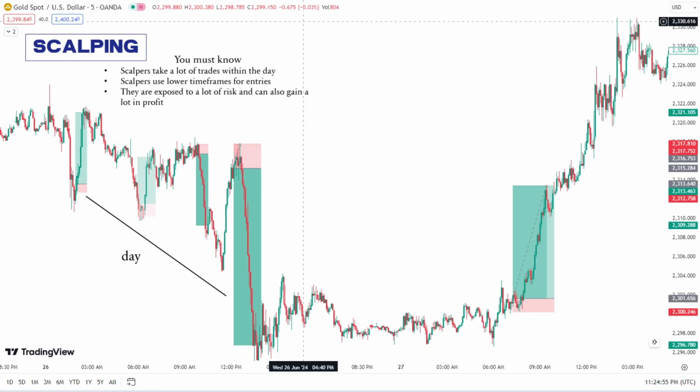So that's just what you should know about scalping. Now, if you are scalping within the day, it has a lot of risk, and there's also a lot to gain. I mean, that's the whole concept about trading. You risk to gain.